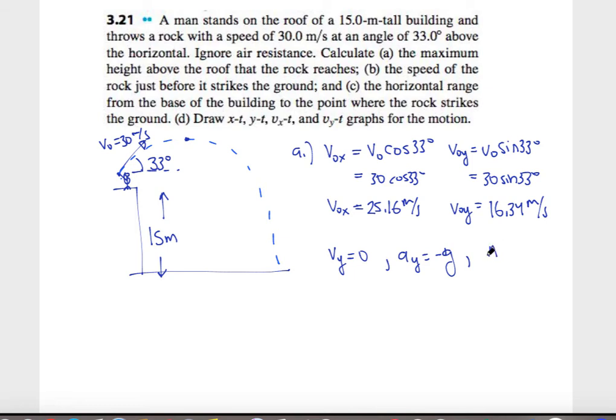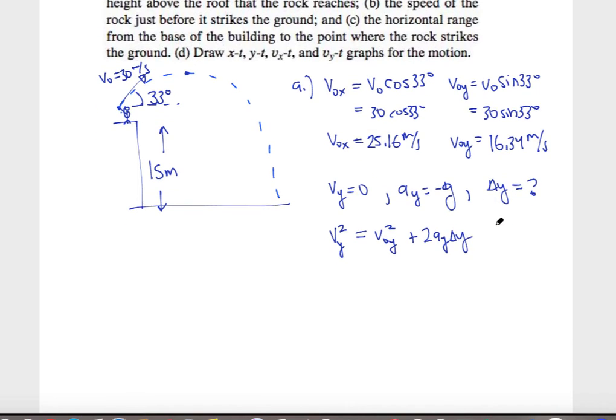And I want to find the highest point that it goes from the initial bit. So I'm actually looking for a delta y. So my third kinematic equation is, in the y direction, Vy squared equals V naught y squared plus 2Ay times my displacement in the y direction. And I'm going to solve this for delta y.